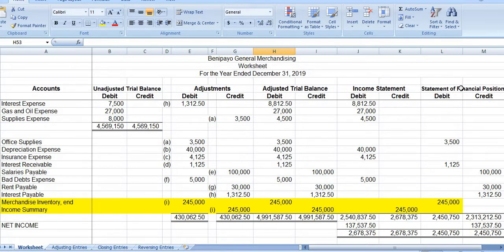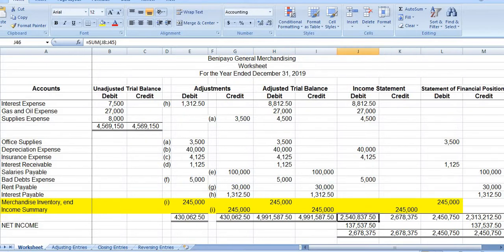Likewise, the total debit and the total credit of the statement of financial position columns must not be equal unless the business broke even, meaning unless there is no net income and no net loss.